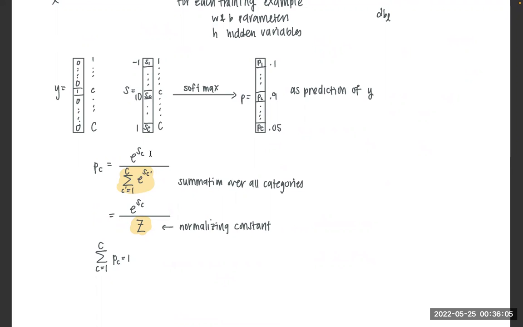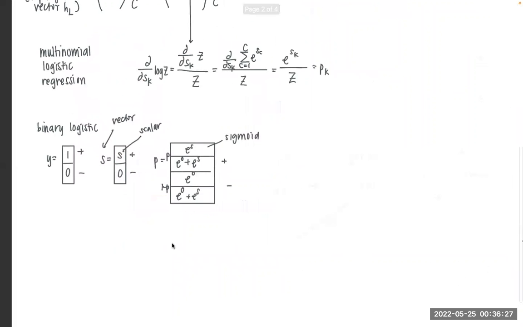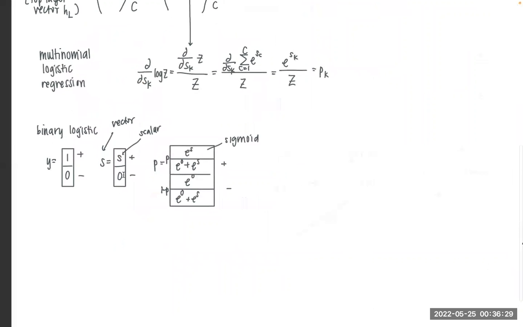To avoid redundancy, you may set the score for the last category to be 0, just like what we did for binary. But if you have 1,000 categories or 10 categories, this is not really necessary, and we don't bother with it. Only when we have 2 categories in the binary logistic situation, we set the score for the negative category to be 0, so that we can work with scalar S and scalar P. So that's the connection.